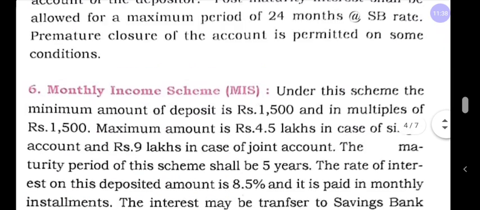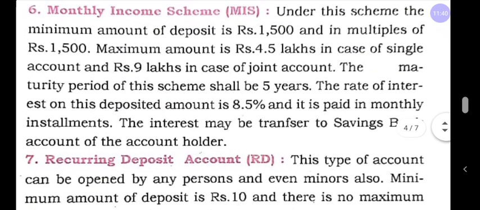And we have the next one, the monthly income scheme. This scheme is very helpful for middle class people, and they pay a minimum amount of 1,500 every month. Up to that period of time, they will get their amount. It is called the monthly income scheme.